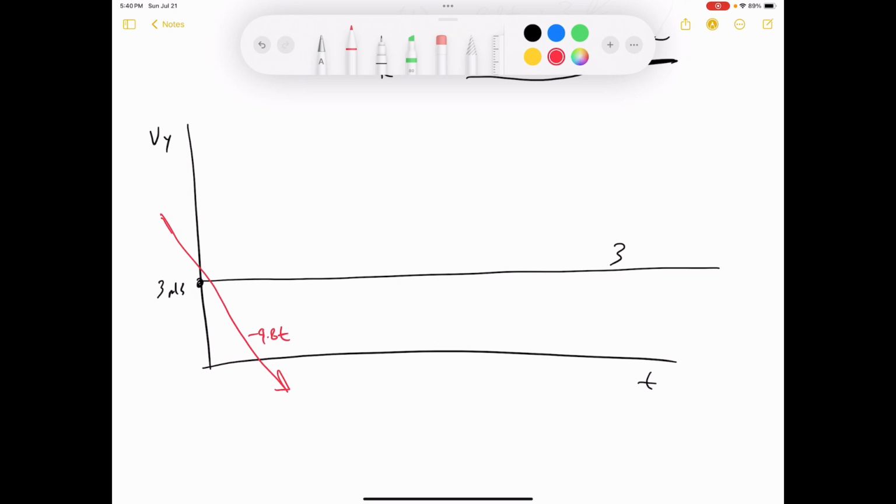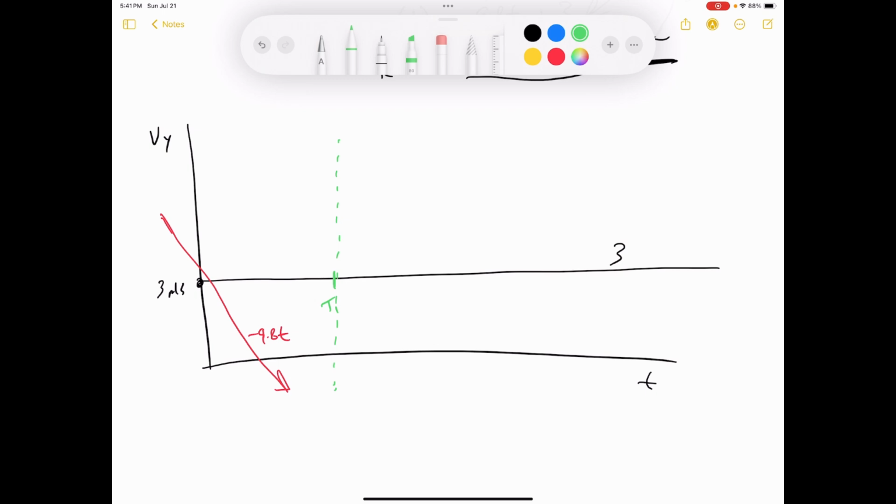But let's imagine something else happened. Let's imagine at time, let's call this t1, there was a booster rocket, some sort of engine on the baseball, and it caused it to accelerate up at a positive slope.